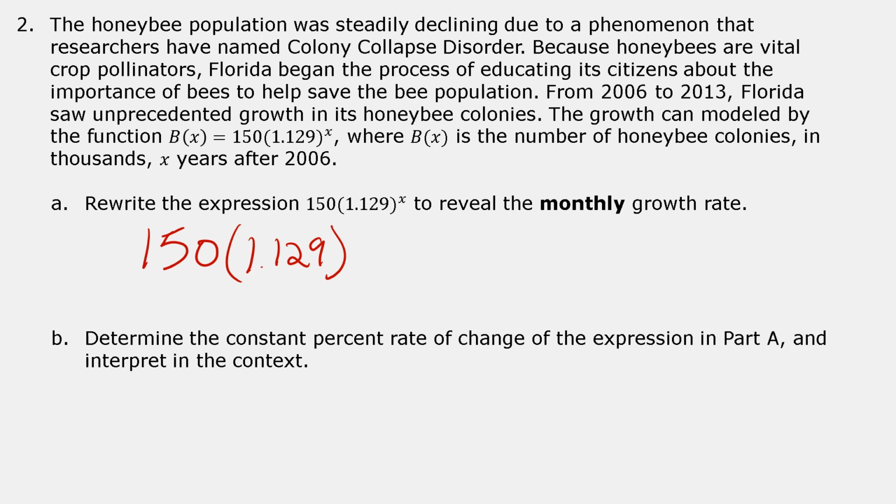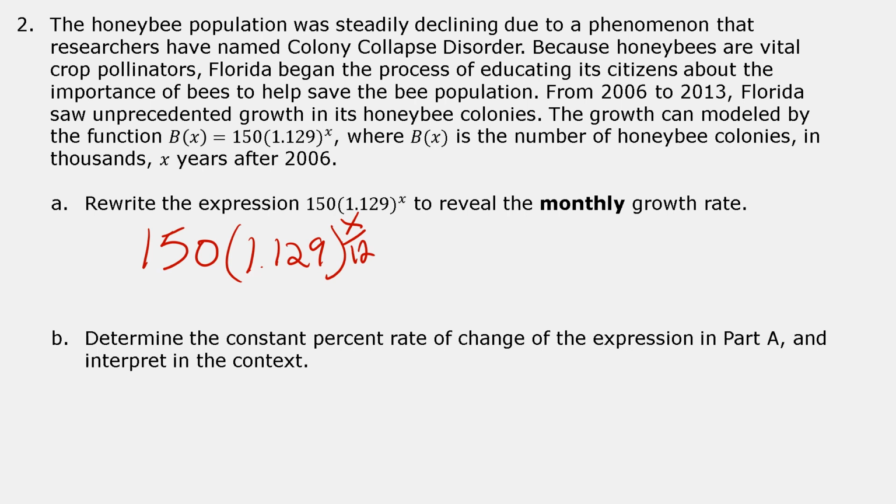So how many months are in a year? 12. So we need to take x, so whatever year, and divide it by the 12 months in the year. So we want to look at just 1 month out of that entire year. So we're going to replace this with x over 12. Right, we're getting smaller with our growth rate because we want to take our whole year and divide it by the different monthly rates.